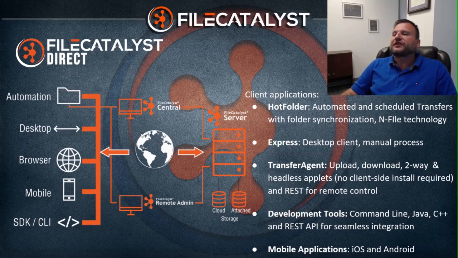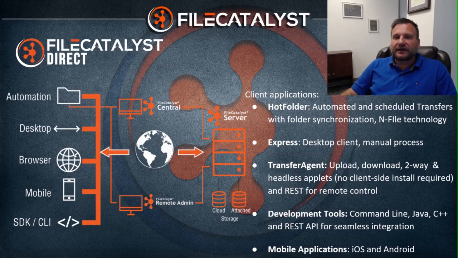And then you have some kind of an internet connection to the other side, whether this is internet, VPN, satellite, or LTE connection. It doesn't really matter as long as it's an IP connection. And then you have multiple different client applications that can connect to either upload files to the server or download files from the server.